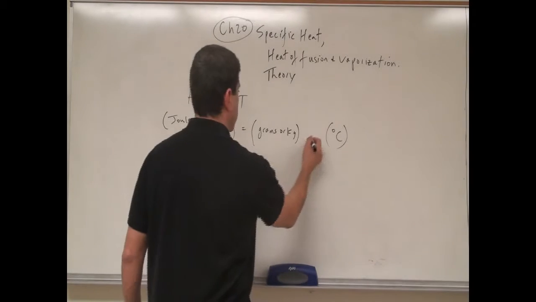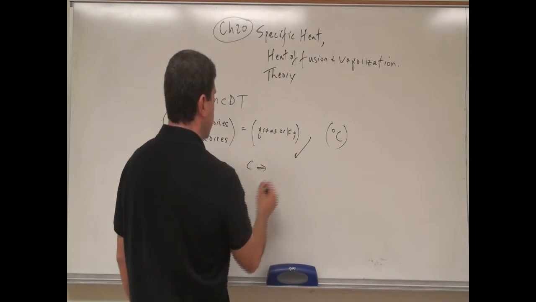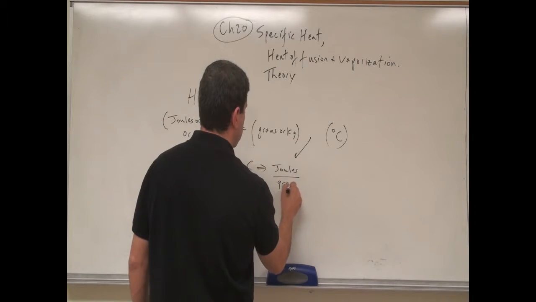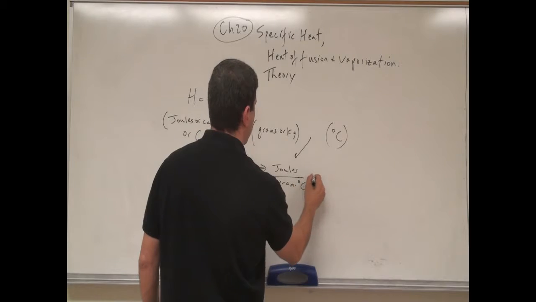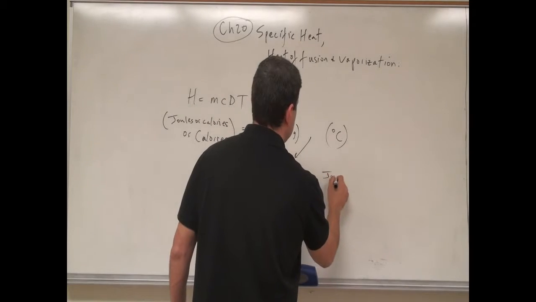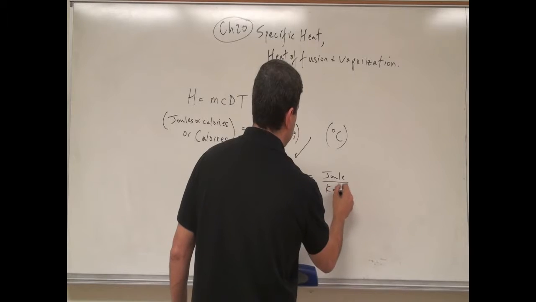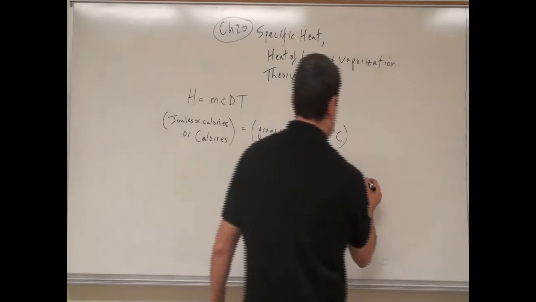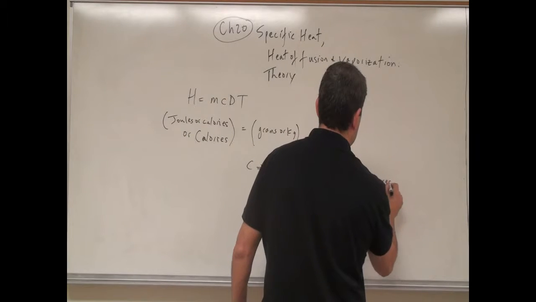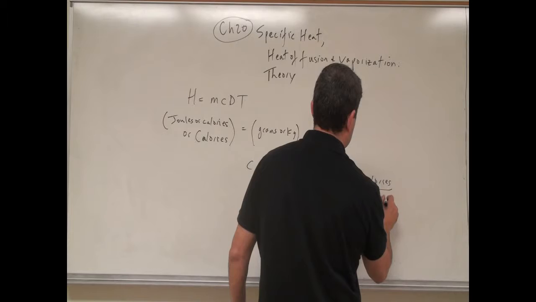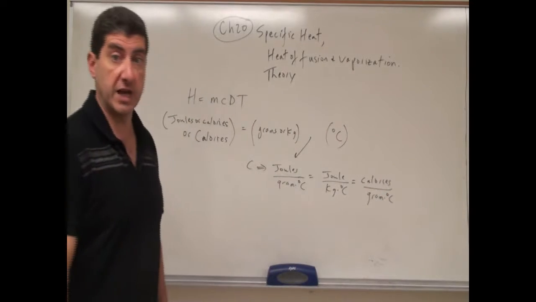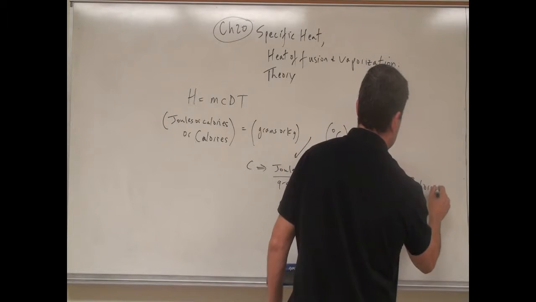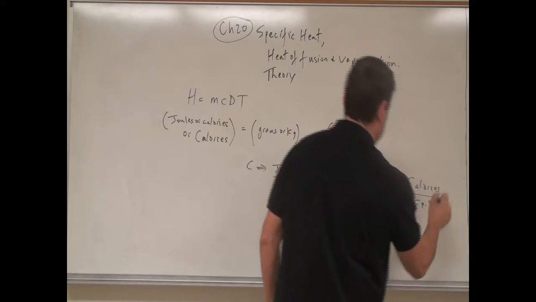So the specific heat units are going to be either in joules per gram Celsius, or it could be in units of joules per kilogram Celsius, or it could be small calories per gram Celsius, or it could be food calories per kilogram. So we would say big calories over kilogram Celsius.